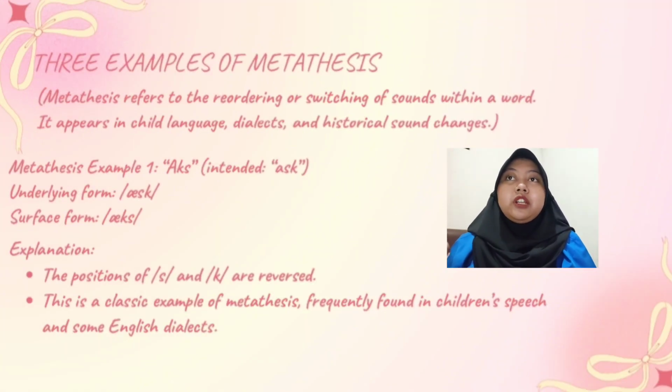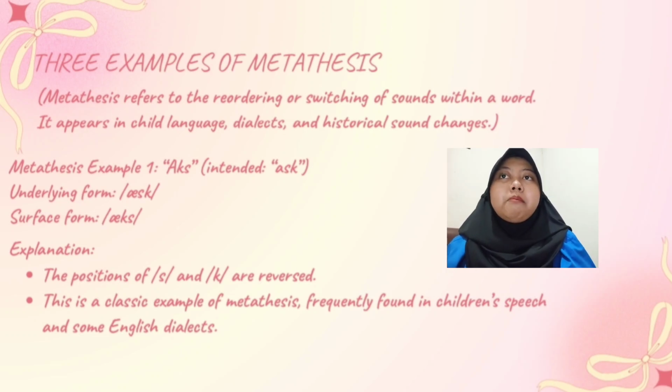Okay, move to next slide. Three examples of metathesis. Metathesis refers to the reordering or switching of sounds within a word. It appears in child language, dialects, and historical sound change. Metathesis example 1: ask, pronounced 'ax'. Intended 'ask', underlying form 'ask', surface form 'ax'.